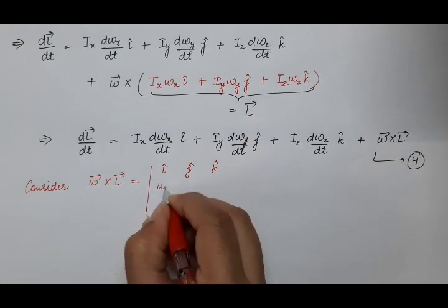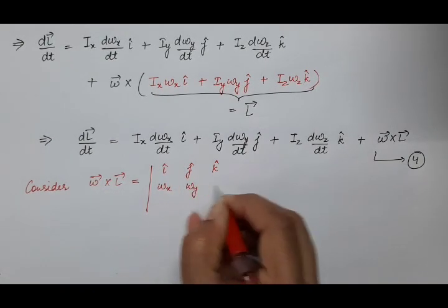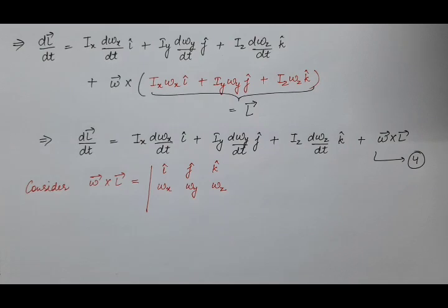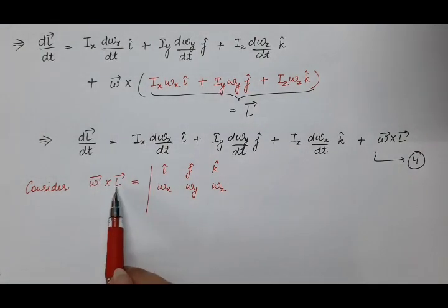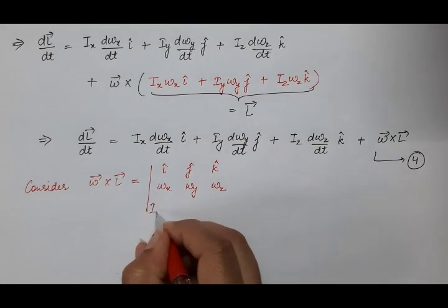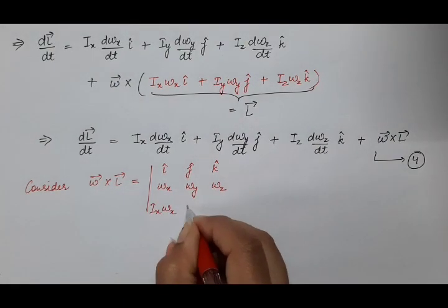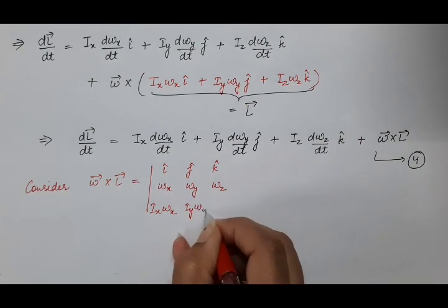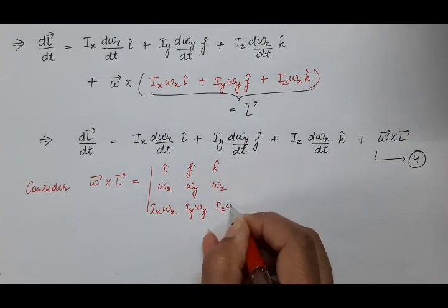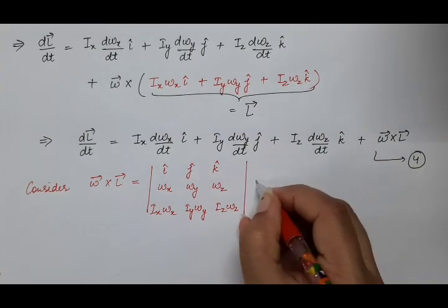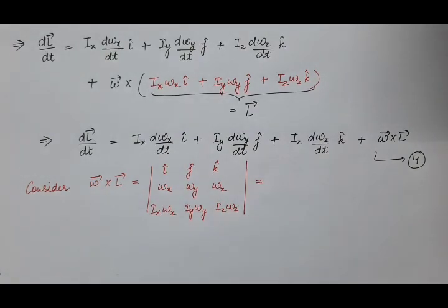Omega vector is equal to omega x i, omega y j, omega z k. And what are the components of L vector? The components of L vector are Ix omega x i cap about the principal axis, then Iy omega y j cap, and then Iz omega z k cap.